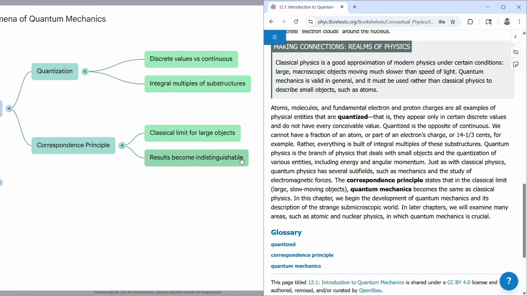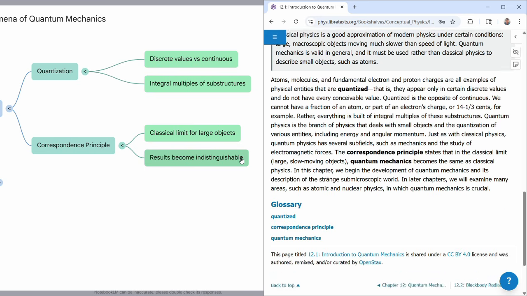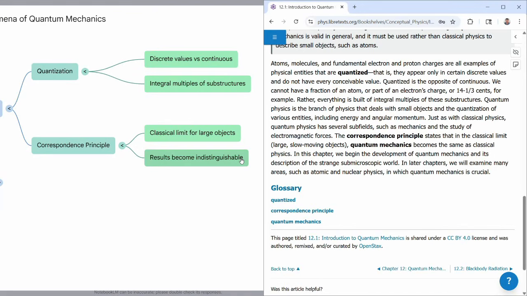And when we are looking at small, microscopic, subatomic objects, like parts of an atom, that's when quantum mechanical results will become manifest.